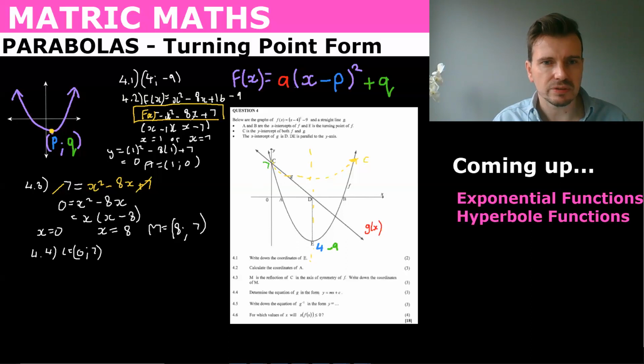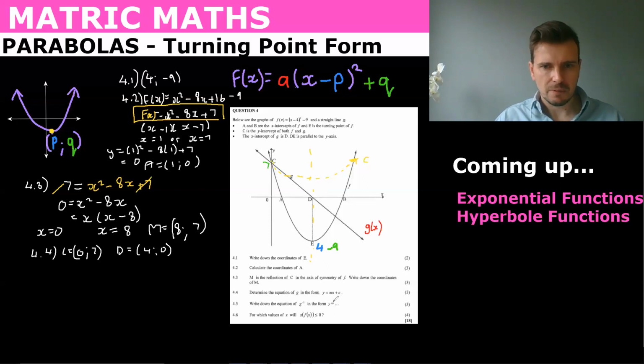Sorry, we want the y. It's not on the parabola, it's on the straight line. Okay, so we don't need to do any substitutions. We just know that the x value is 4. So point D is equal to 4 and 0, because that's on the straight line. It's where the straight line cuts, and we already know that the x value is 4, and we can see that the y value is 0.